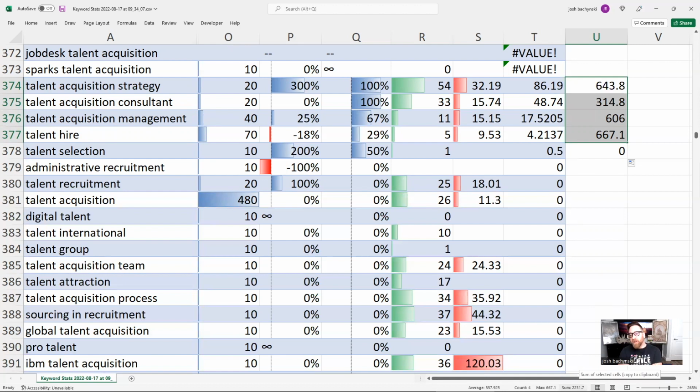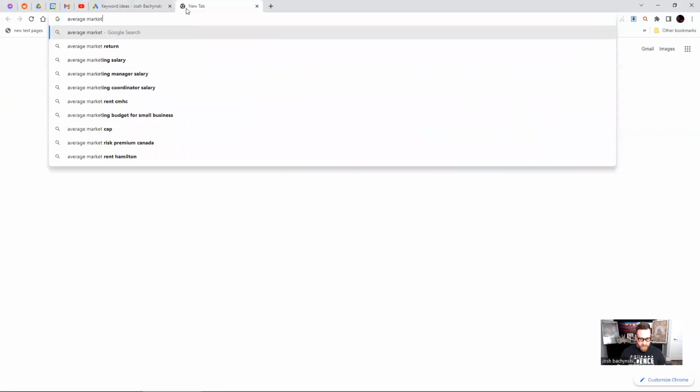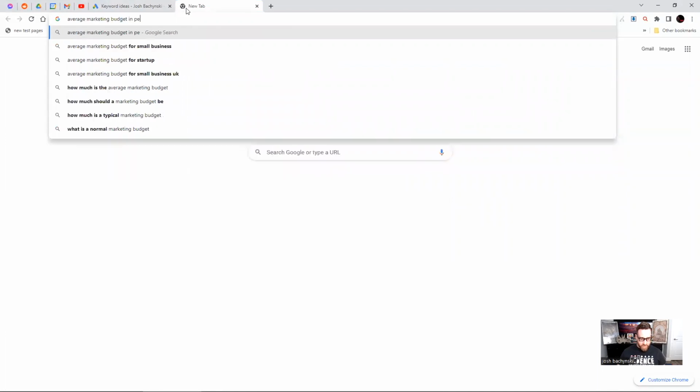Now, of course, there's probably double that or triple that or even 10 times that amount of money to rank for those keywords, because this is the base value of what people are willing to pay for an ad on Google. What is their marketing budget? Well, your average marketing budget is what, 30%? Let's check Google. What is the average marketing budget in percentage?